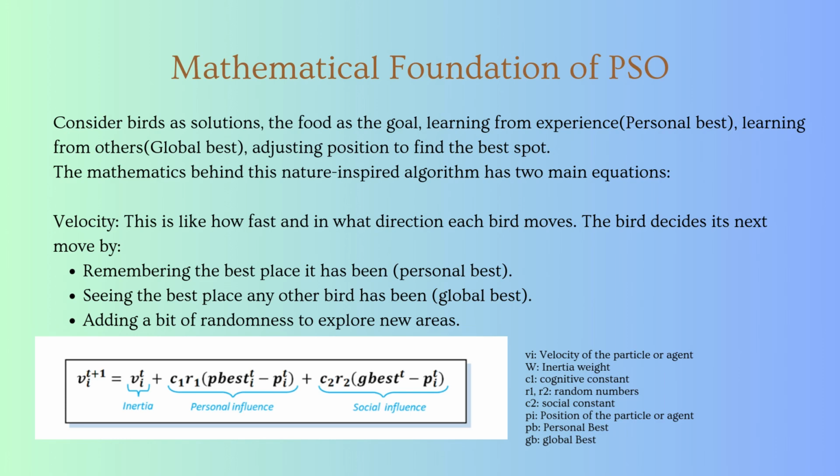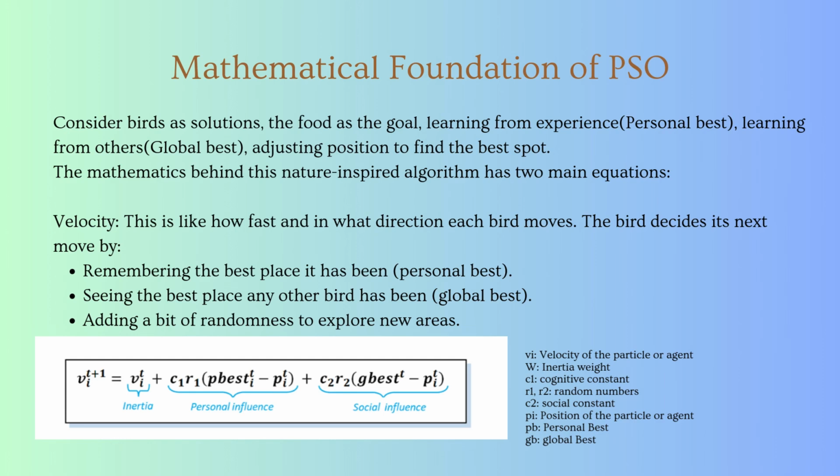Let us understand the two main equations of PSO, velocity and position. The velocity equation consists of several components which are really important for a bird to make a decision. The components are the inertia weight, which balances exploration and exploitation in the algorithm; C1 and C2, which are the cognitive and social constants respectively, and they control how much the particle or the bird is influenced by its own best known position, which we saw is the personal best; and R1 and R2, which are random numbers between 0 and 1.